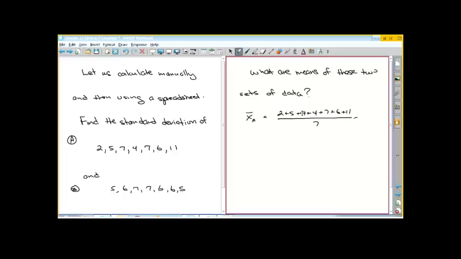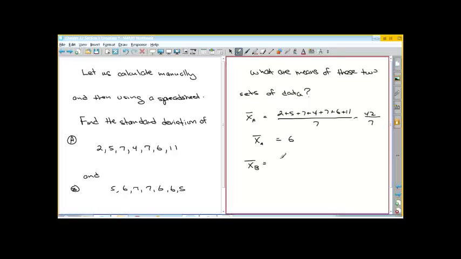So that's 7 plus 7 is 14, 14 plus 4 is 18, 18 plus 7 is 25, 31, 41, 42. So 42 is the numerator. So 42 divided by 7 is 6. So the mean of data set A is 6.